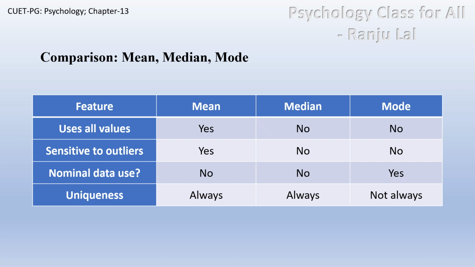Sensitive to outliers: yes, mean is sensitive to outliers, but median and mode are not. Nominal data use: mean and median do not use nominal data, but mode does. Uniqueness: uniqueness is there with mean and median, but not with the mode.